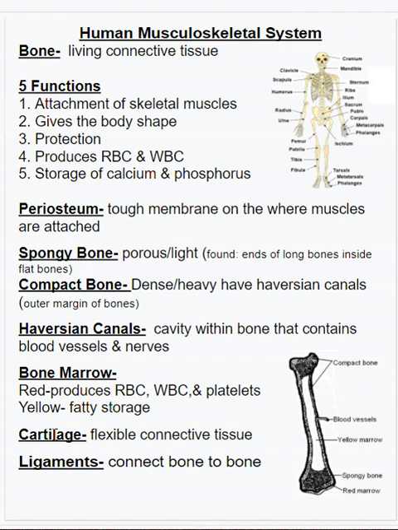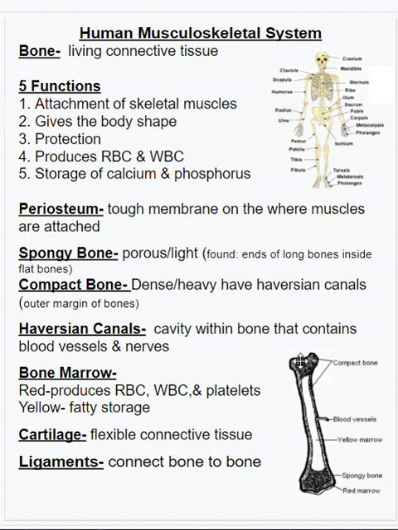Cartilage is a structure that is flexible and connective in nature, but it also is protective in nature. The ends of our long bones will have a coating of cartilage to reduce friction. So bone on bone would cause some grinding because it's like mineral on mineral, calcium on calcium.